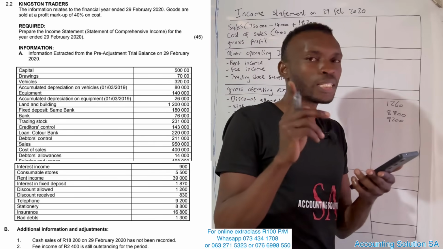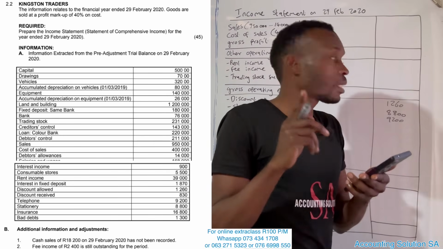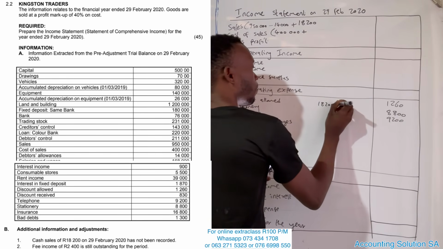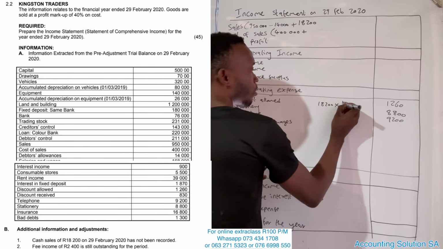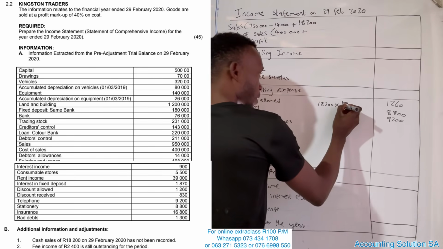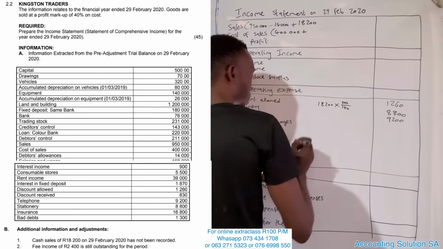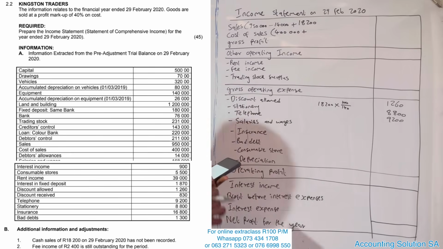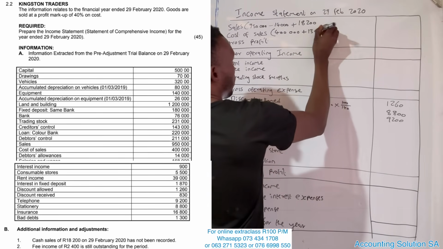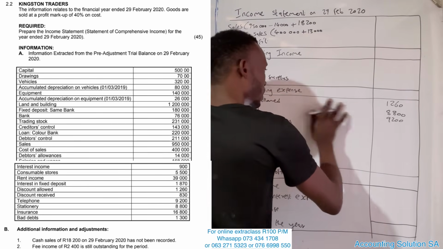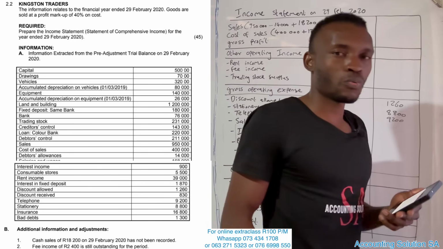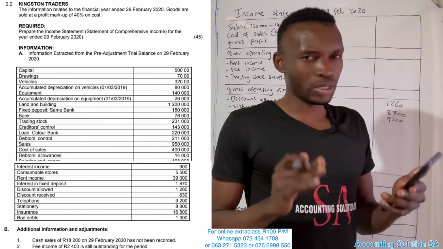But you don't add 18,200. You say 18,200 multiplied by 100 over 140, because the markup is 40, so 100 plus 40. It will give you 13,000 that you add here. Remember, 18,200 is the selling price, so when you record it under cost of sales, you must not record the selling price.